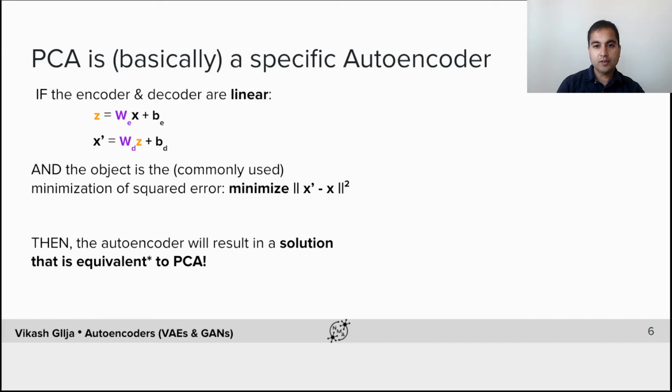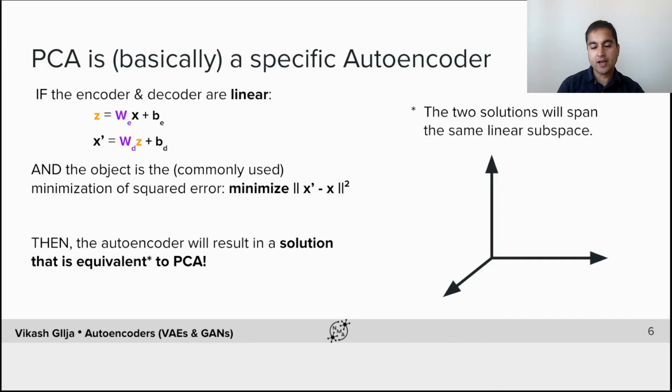By equivalence, I mean that the two solutions will span the same linear subspace. To provide some intuition, imagine we have a 3D data set. So here are the data points. And you can see that most of their variation lives on a single plane. Now, if we apply PCA, we're going to fit a covariance ellipsoid.